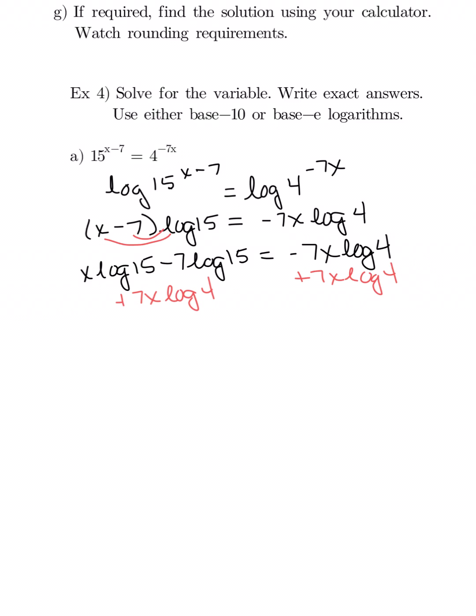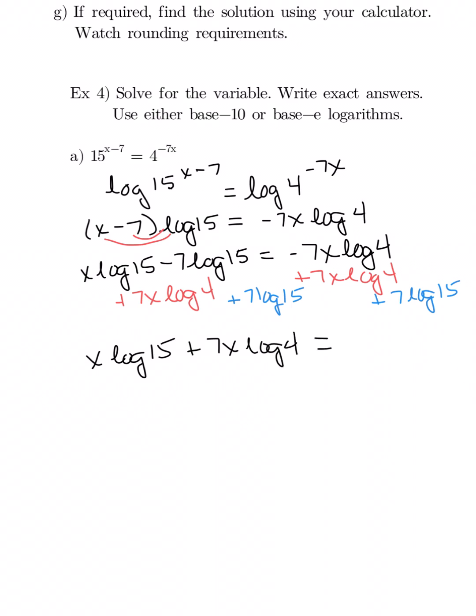That means that I also need to add 7 log of 15 to both sides and get that term on the other side. The left side now becomes x log of 15 plus 7x log of 4 equals 7 log of 15.